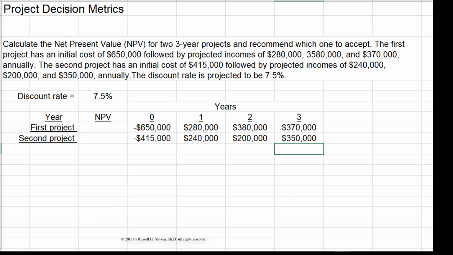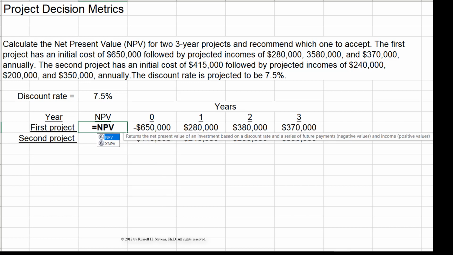The nature of the net present value function is quite interesting. In reality, the function is only calculating the net present value of years 1, 2, and 3. To do that, it needs a discount rate. Highlight the workbook cell directly under NPV and type in an equal sign, followed by NPV, followed by an open parenthesis.